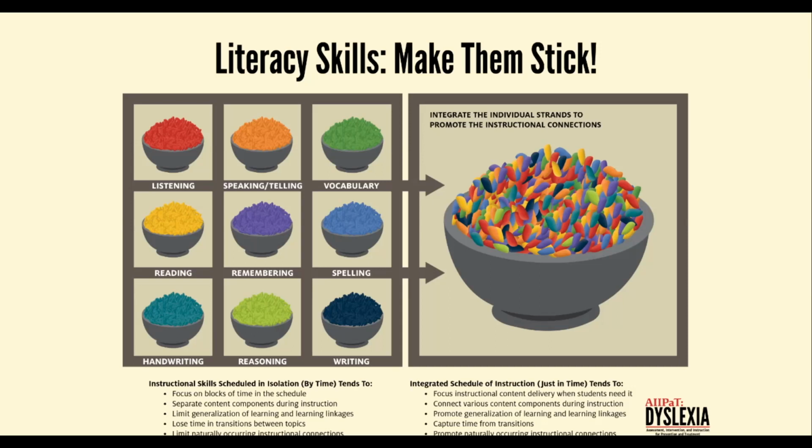Many students have difficulty with skills integration. They cannot see the connections between these components. When the schedule is created in a grid-like manner, it means that students and often teachers have difficulty learning to connect the various isolated components.